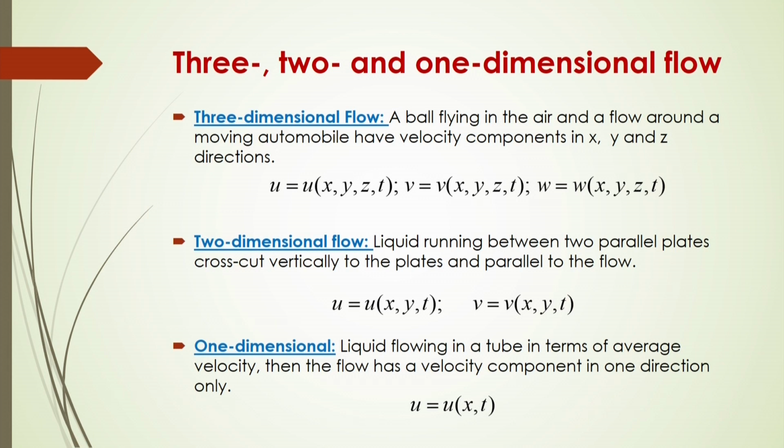In three dimensional flow, for example a ball flying in the air or the flow around a moving automobile, there are velocity components in the x, y and z directions. So, it is called three dimensional flow, and the flow velocity is represented by the spatial coordinates, u(x, y, z) and time.